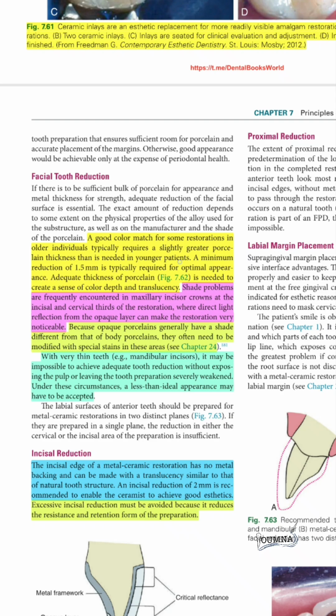To get a good color match of the restoration, a minimal reduction of 1.5 millimeter is required, to create the sense of the color depth and the translucency.